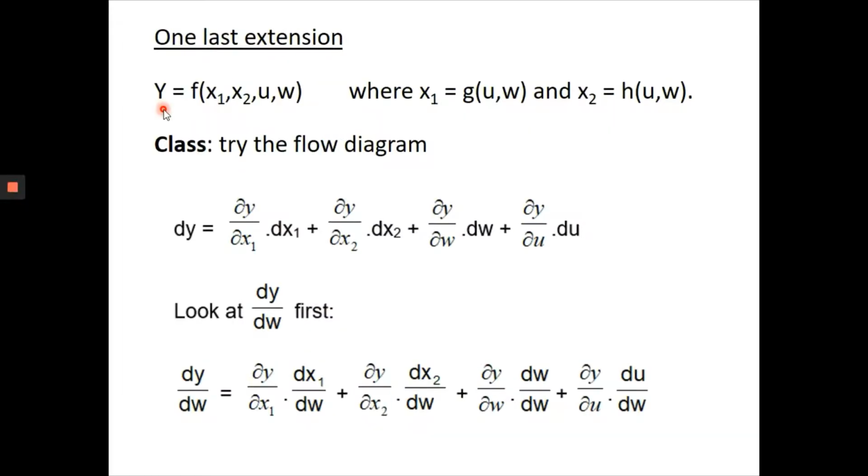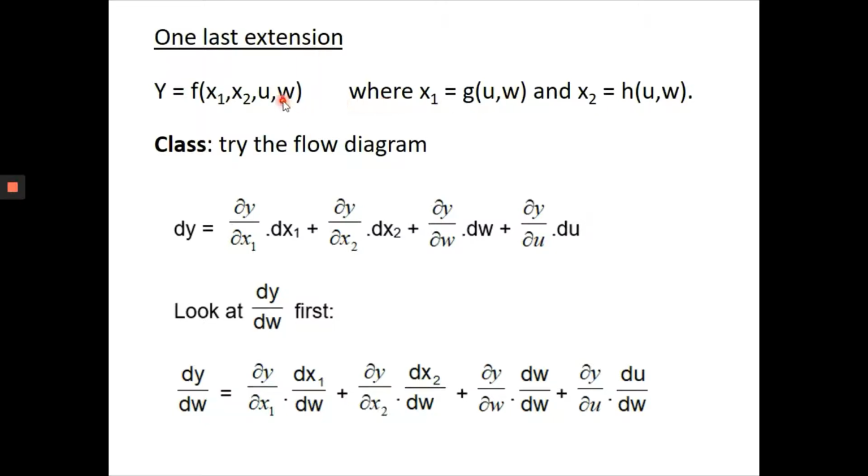And here we have y is a function of x1, x2, u, and w. And the difference in this example now is we can see x1 is a function of both u and w, and x2 is a function of u and w. So the ultimate source of change in y comes from two sources, u and w.